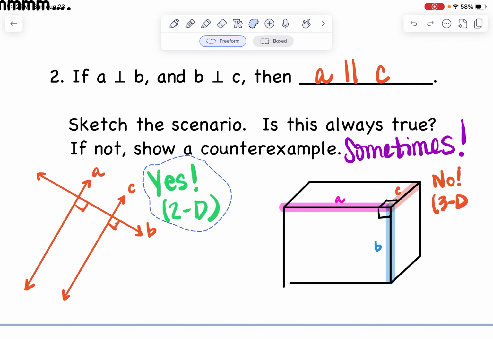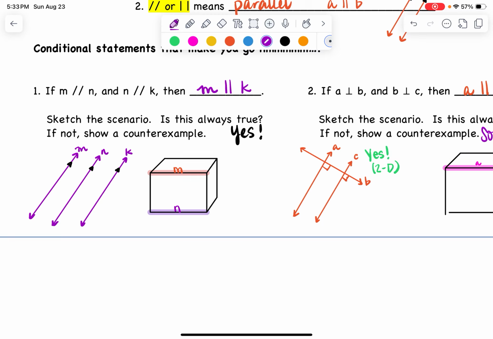So let's say this is M and this is N. And then I go pick a line that is also parallel to N and make it K. This line is also parallel to N, so I'll call him K. And you'll notice he is also parallel to M. So for the laws of parallelism, as they would call it, it doesn't matter whether you're in 2D or 3D space. But with the laws of perpendicularity, it does.